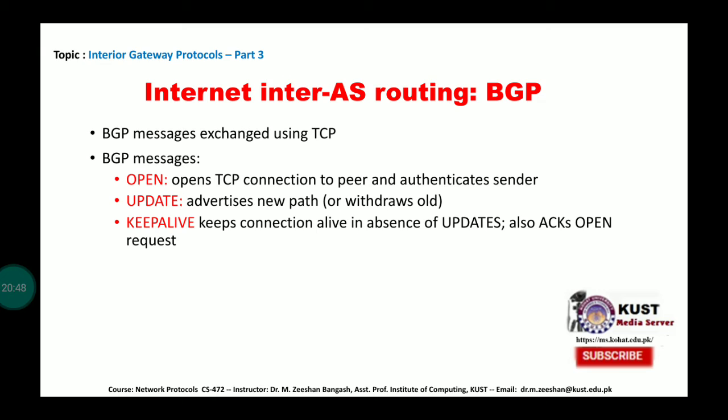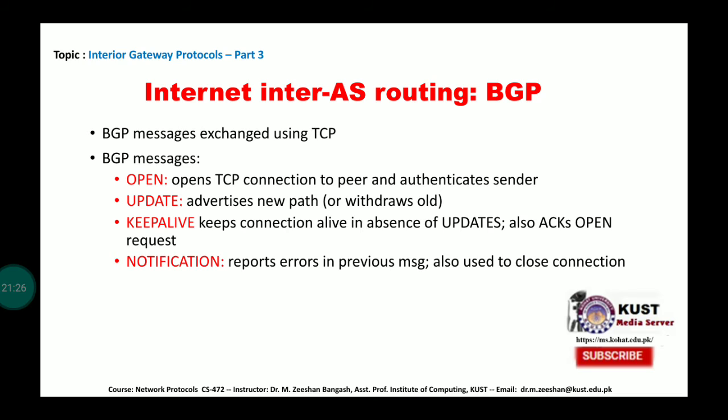And then there is another message that is circulated among the autonomous systems in case there are no updates in the routes, and that's a keep alive message, used to tell the neighbor gateway routers that the connection is live and not broken, and upon receipt of this keep alive message, an acknowledgement is also requested.